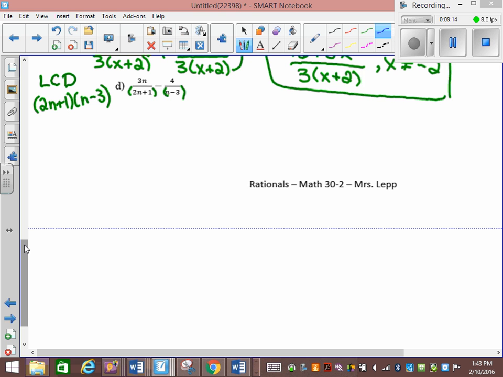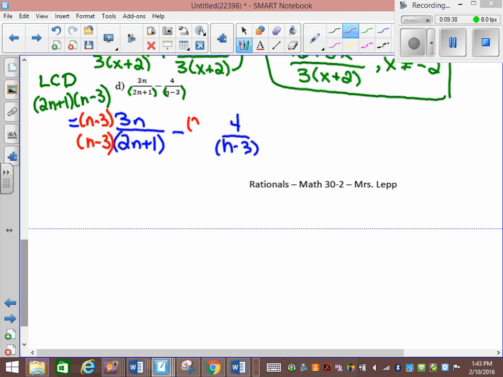So I have 3n over 2n plus 1, which I need to multiply by n minus 3. And then I have minus 4 over n minus 3 that I need to multiply by 2n plus 1.